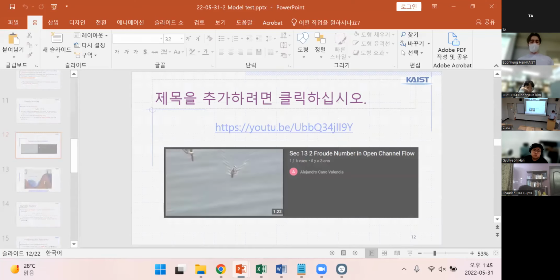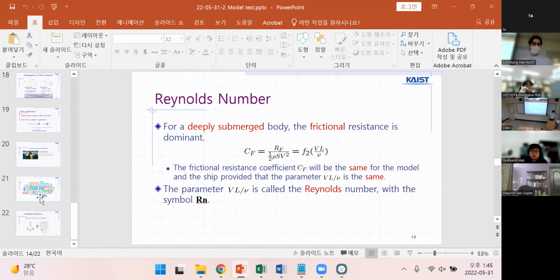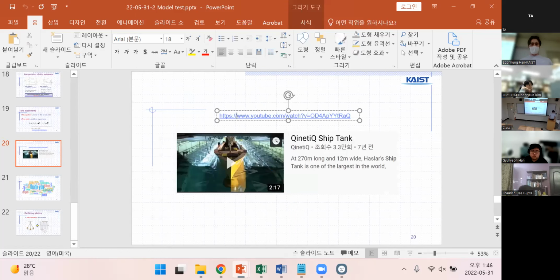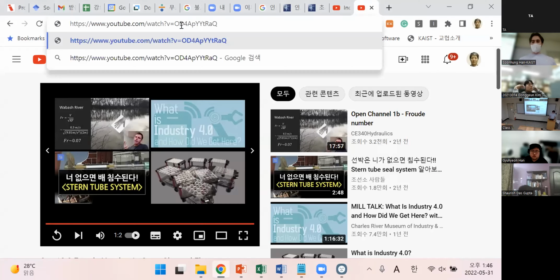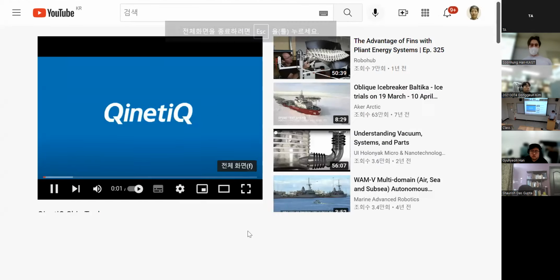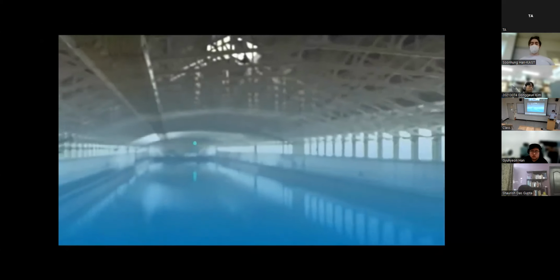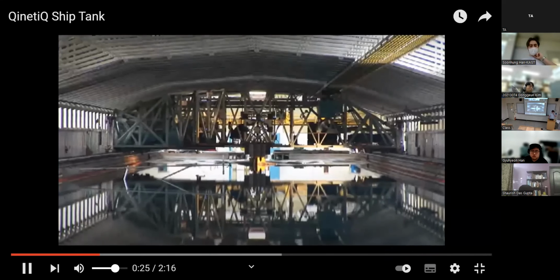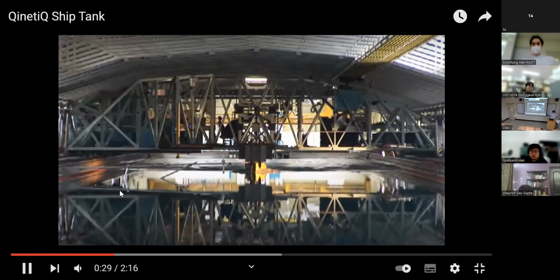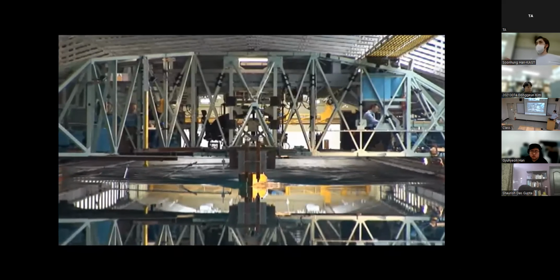Another video. Here, the model is being towed, and here you can see some waves.